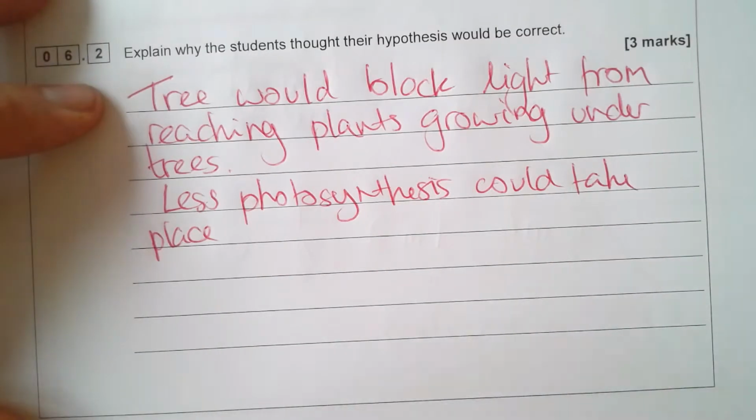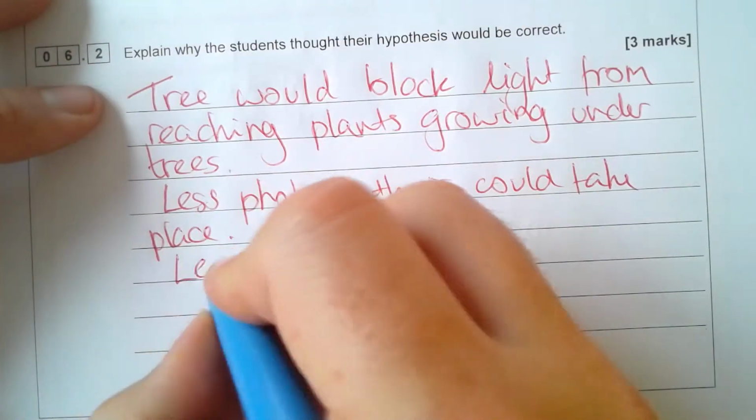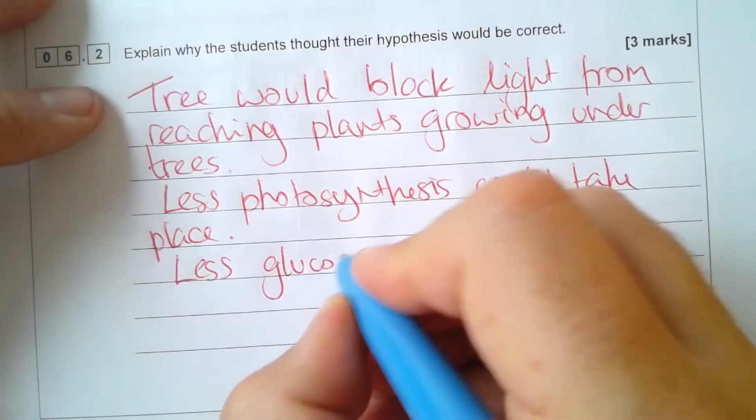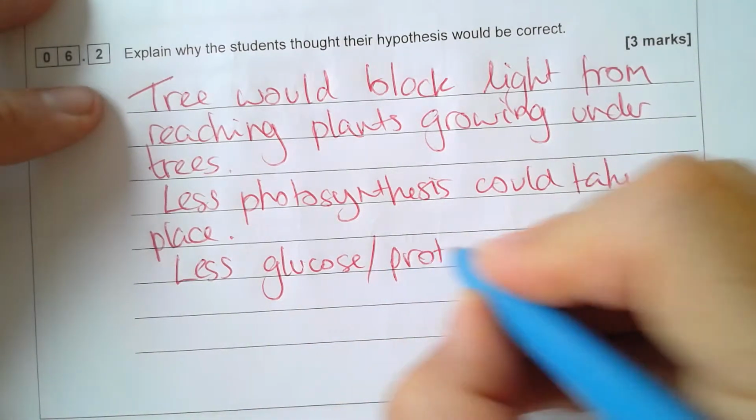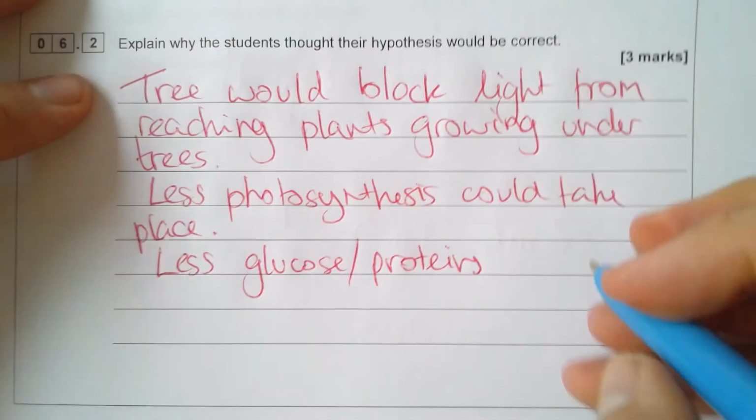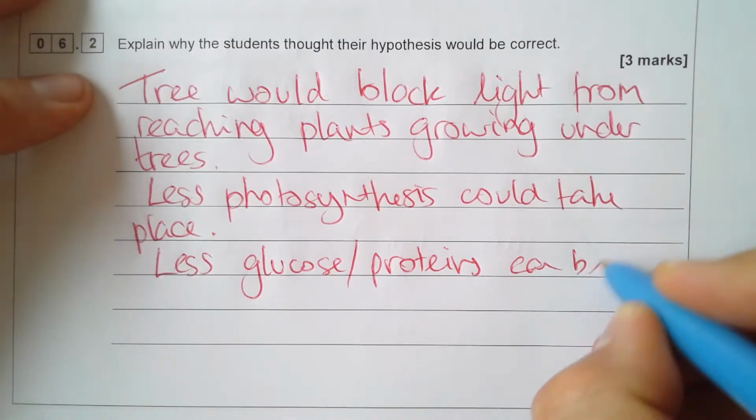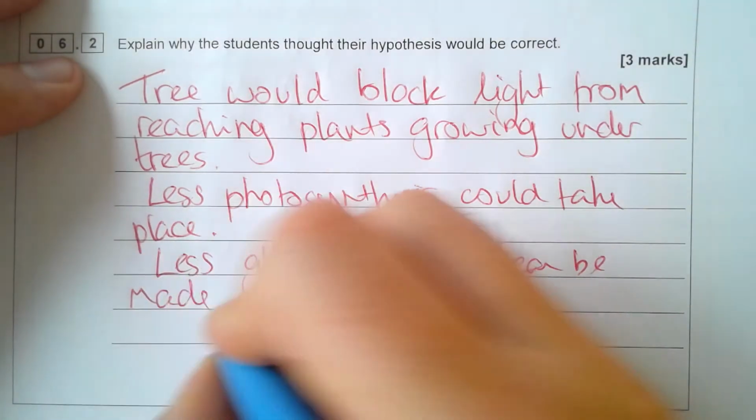And this means less glucose, or proteins which need glucose, can be made for growth, so they don't grow as well.